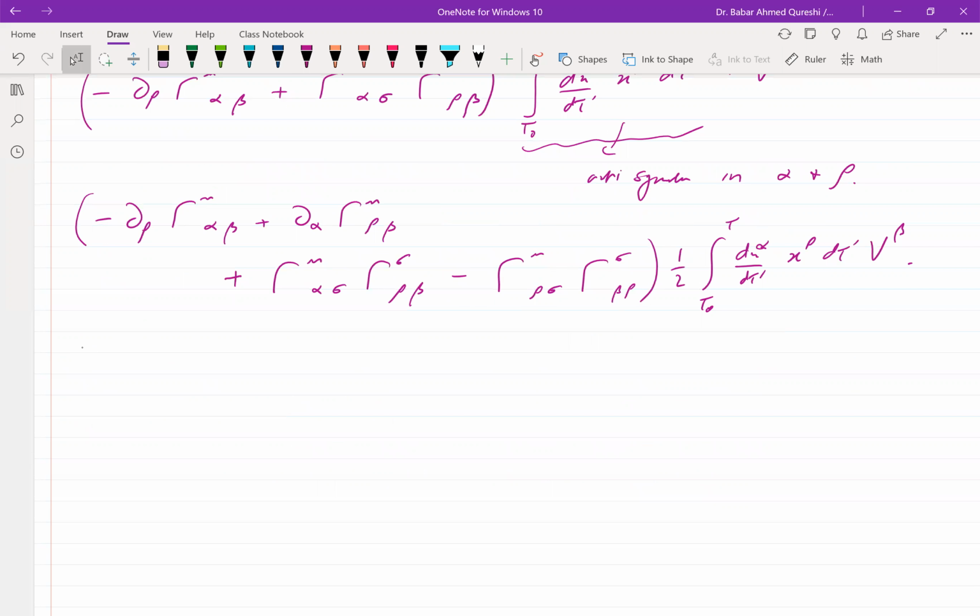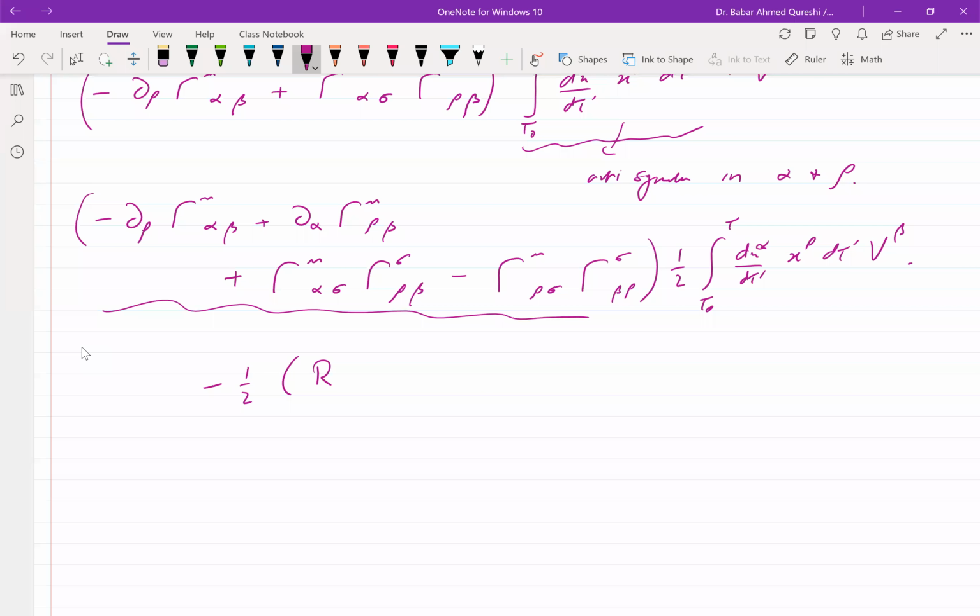Now, this guy over here, if you look back into the notes, this is exactly the definition. If I take a minus outside, this is exactly the definition of, so there's a half.